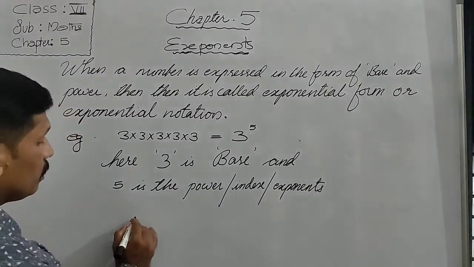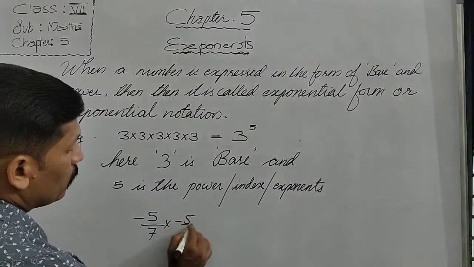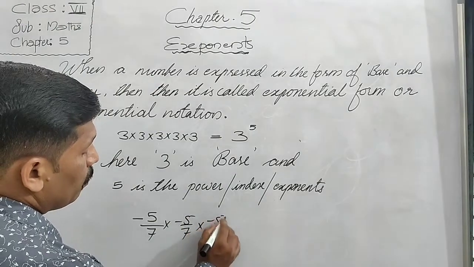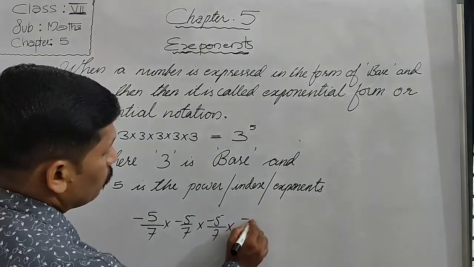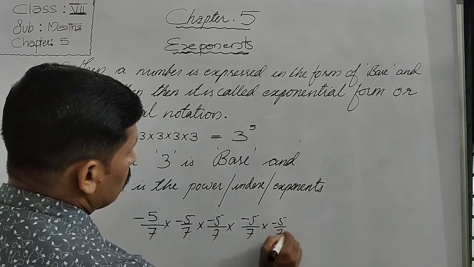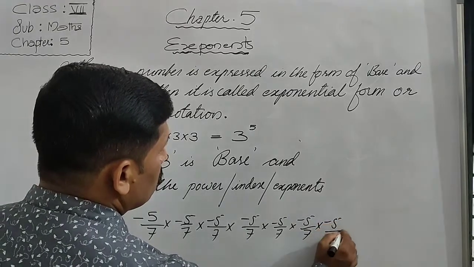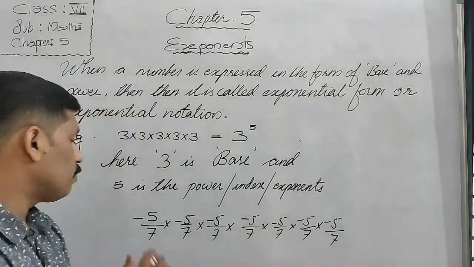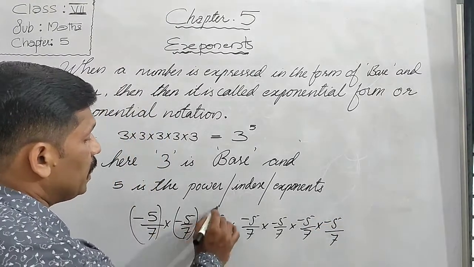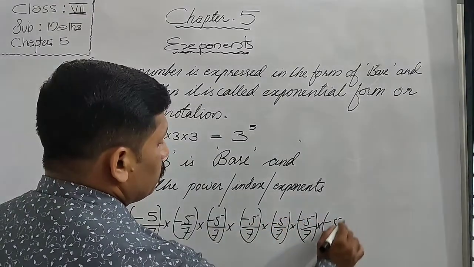So you can see here, negative 5 upon 7 into negative 5 upon 7 into negative 5 upon 7 into negative 5 upon 7 into negative 5 upon 7 into negative 5 upon 7 into negative 5 upon 7. You can see that this negative 5 upon 7 is multiplied to itself many times. How many times it is multiplied, you can count and see.